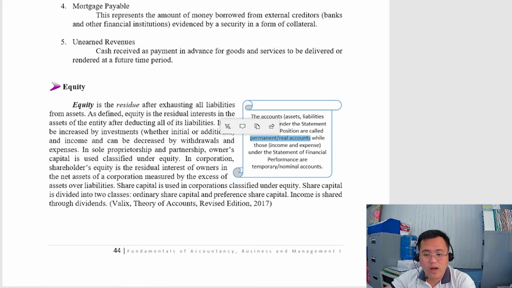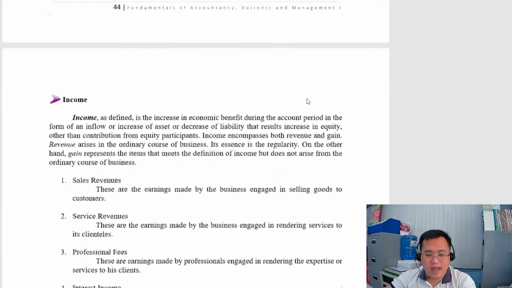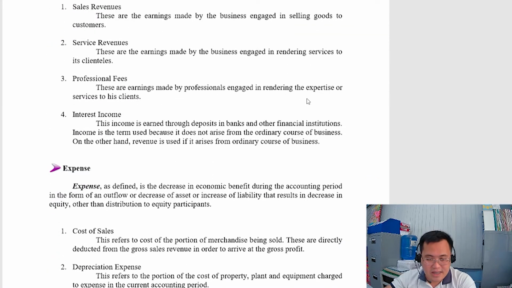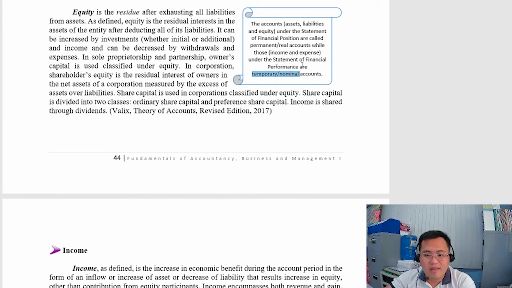Now, let's go to our temporary accounts or nominal accounts. What are our temporary nominal accounts? Our fourth major account is income, and the fifth major account is expense. So this income and expense fall under the statement of financial performance.